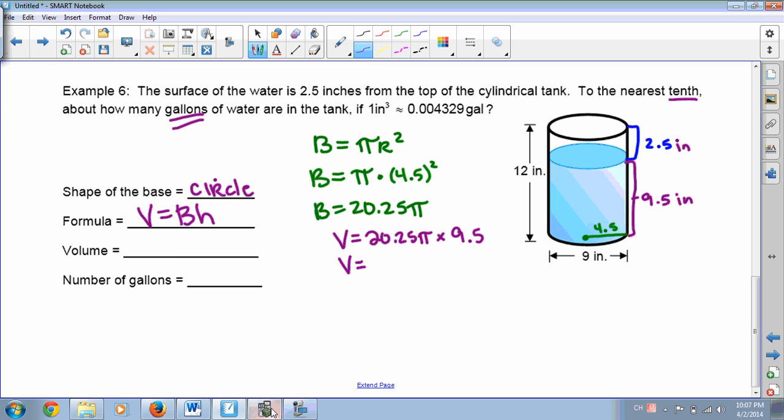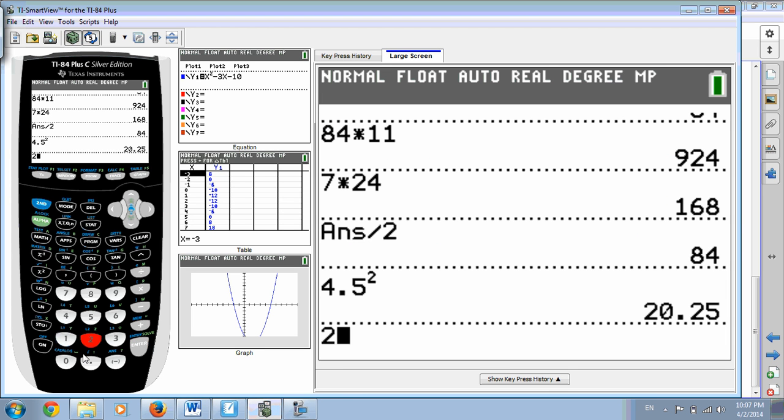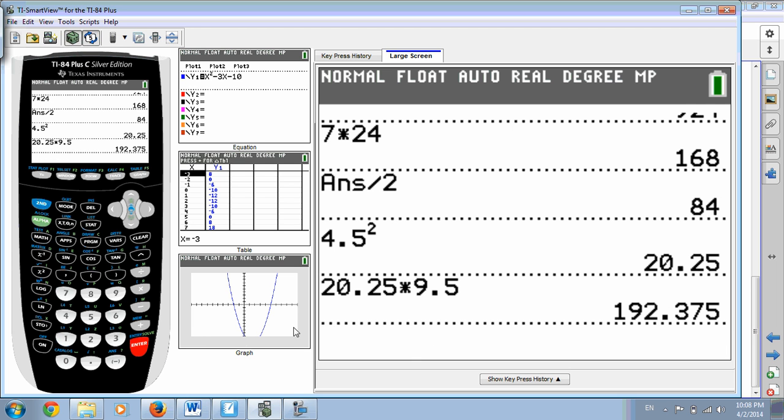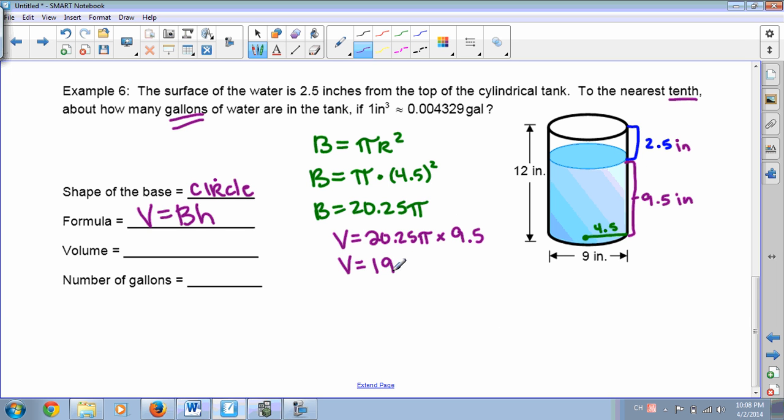Do not put the pi in your calculator yet. So 20.25 times 9.5 gives me 192.375. And then pi. Don't forget your pi at the end.